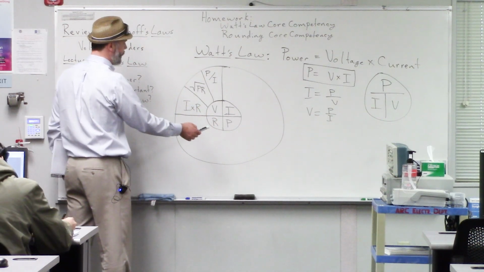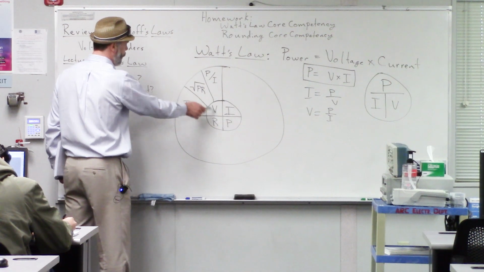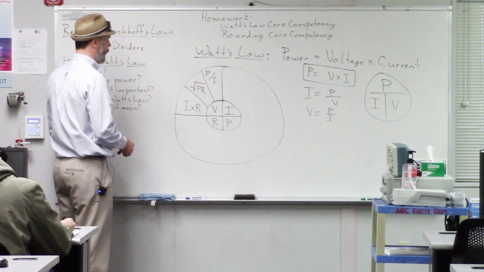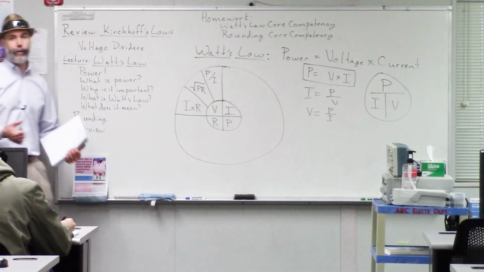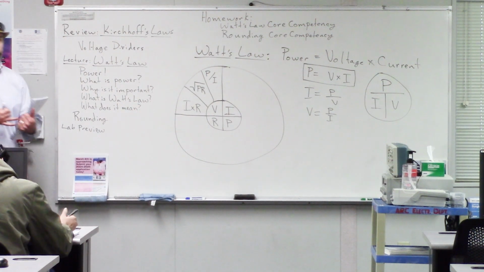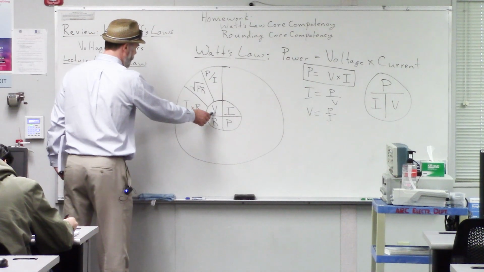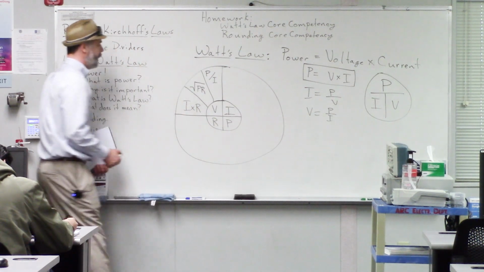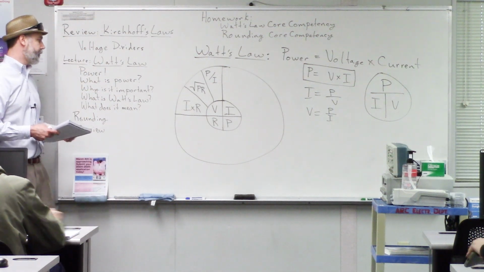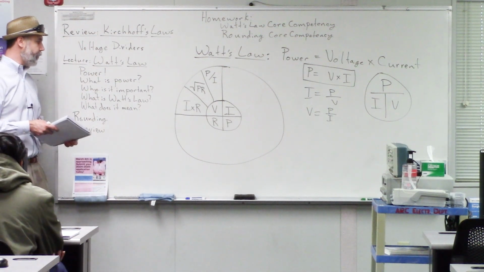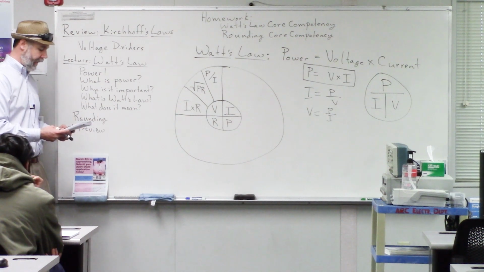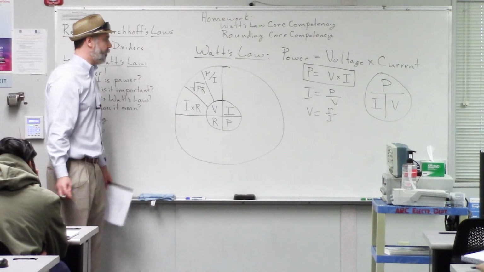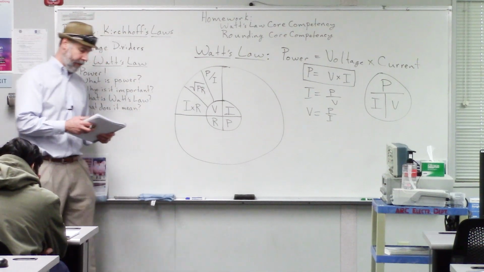I know power and resistance, so I'll use this formula: voltage is the square root of power times resistance. Or if I'm trying to find voltage and I know the current and the resistance, I can say voltage is I times R. So this circle can be a helpful way of figuring out what you want to know.